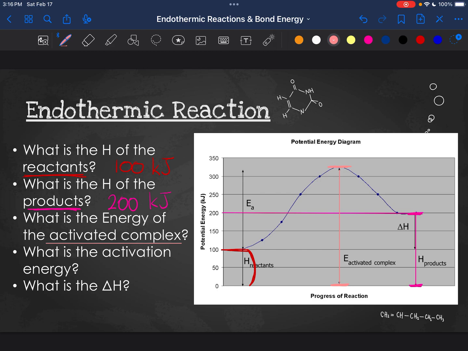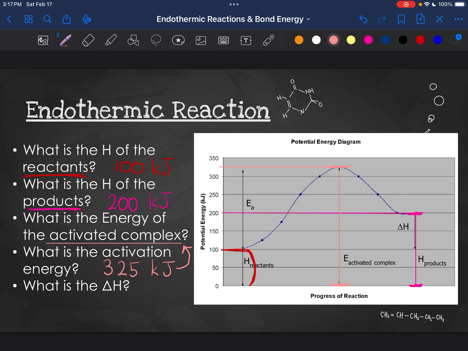Now if we mention the peak, let's see what that value is. It's around the halfway point. So why don't we say it's 325 kilojoules. Oops, I meant for that answer, since I don't have room. So the activated complex is 325.